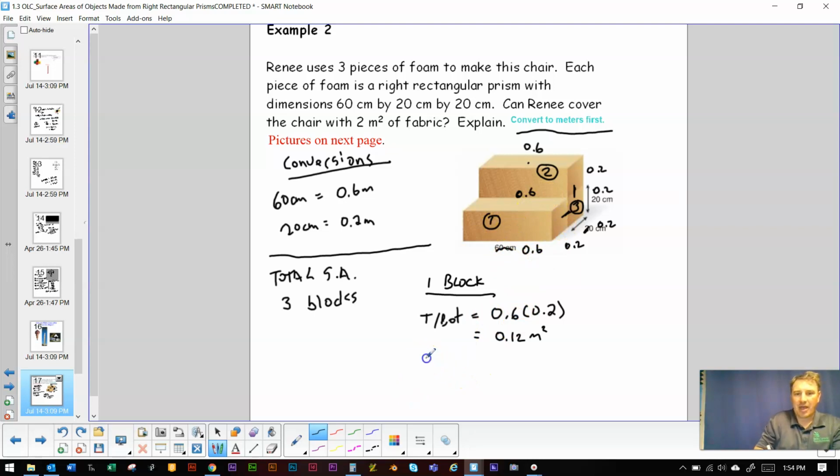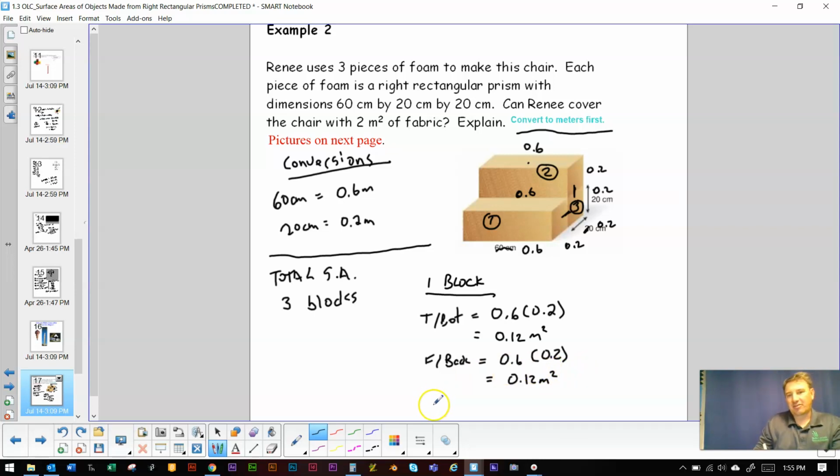Well, we've also got a front and a back. The front and back are actually the exact same because it's still 0.6 meters long. And this time we're going height, but the height's the same as the width, so it's still 0.2. So it's 0.6 times 0.2 equals 0.12 meters squared.